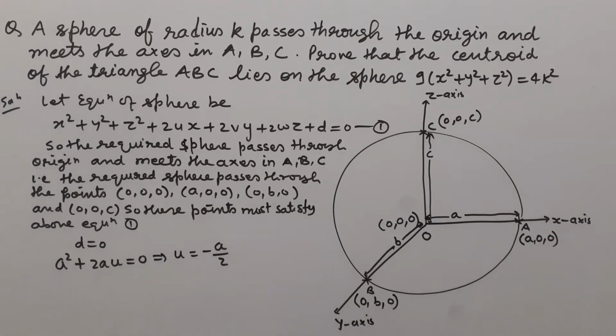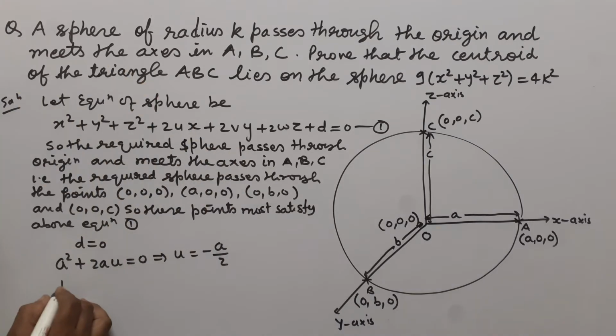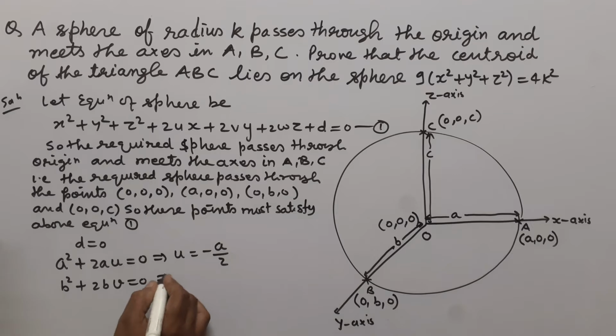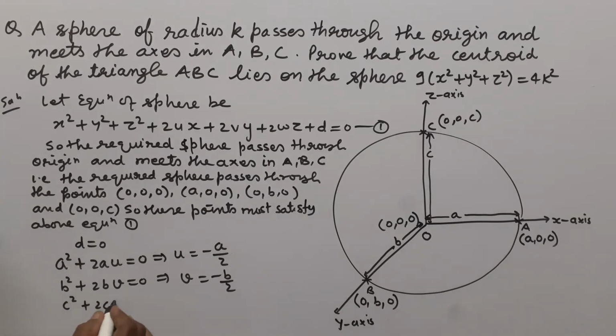When we put the third point, that is 0, b, 0, we get b square plus 2bv is equal to 0. This gives v is equal to minus b by 2. Similarly, when we put the last point, that is 0, 0, c, we get c square plus 2cw is equal to 0. So we get w is equal to minus c by 2.